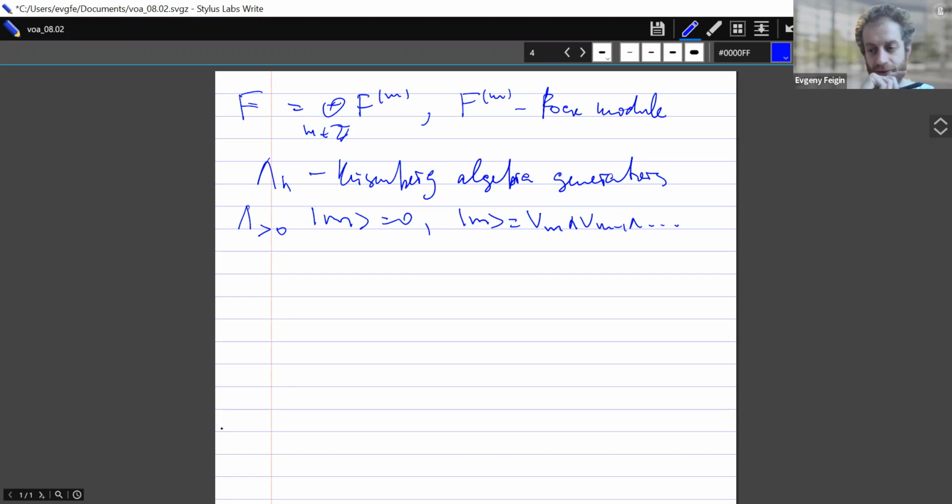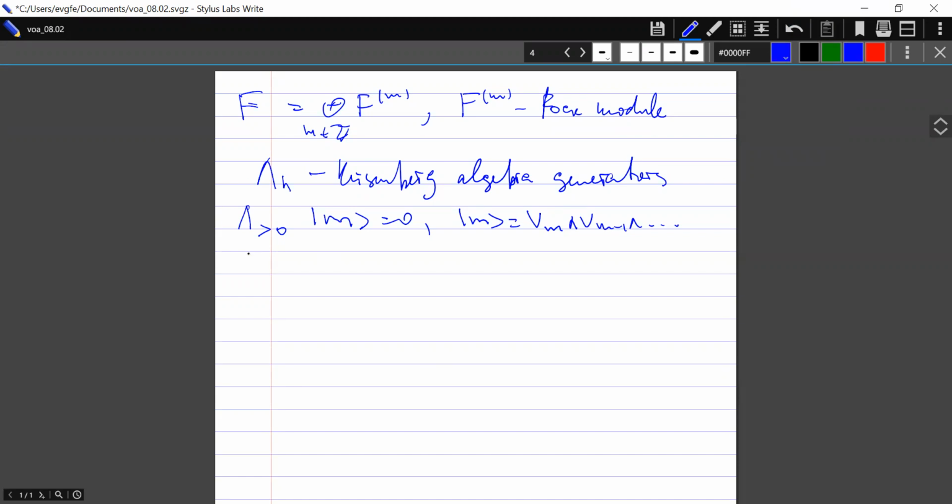Okay, so these are our Heisenberg generators, and we've also identified this F. So can you see the screen? Yes.